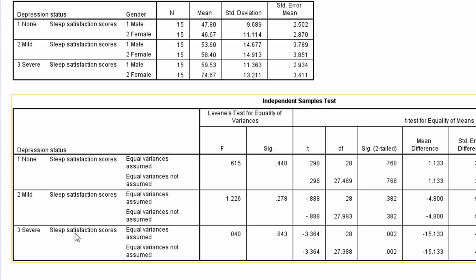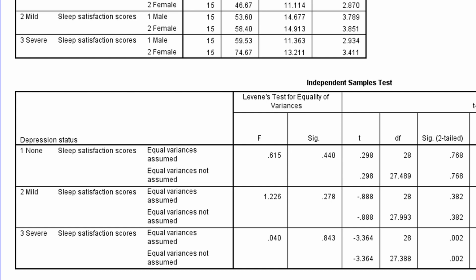And here you can see severe sleep satisfaction scores are significant with p-value 0.002, which is less than 0.016. So severe depression leads to poor sleep satisfaction, which is statistically significant. You can see gender differences are insignificant with none and mild levels of depression, whereas gender differences are statistically significant when there is severe depression status.